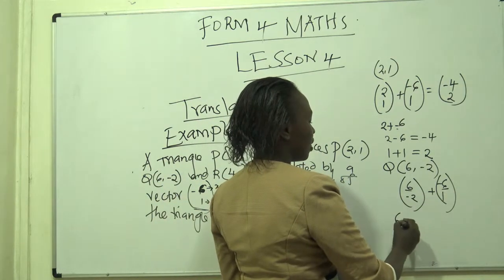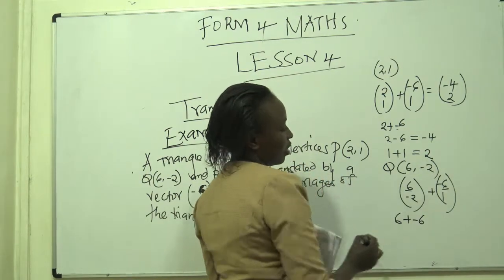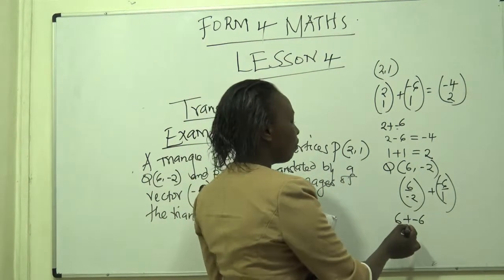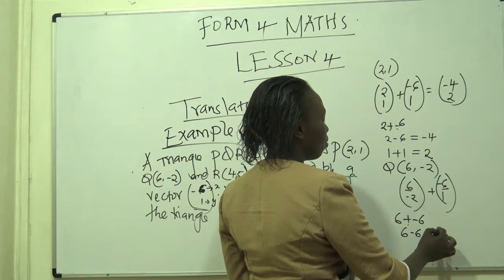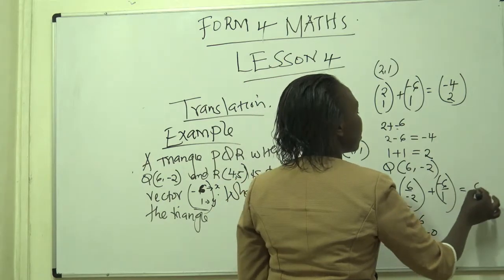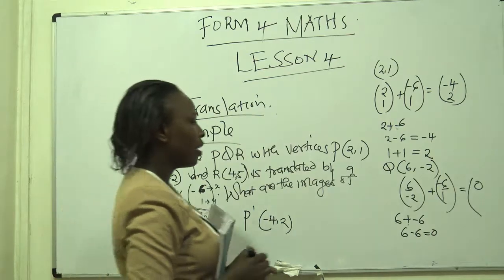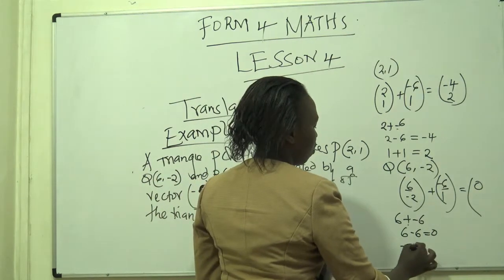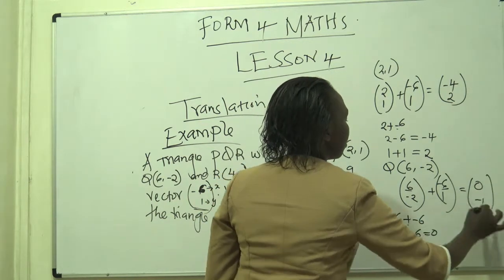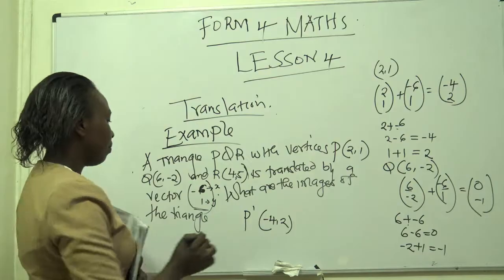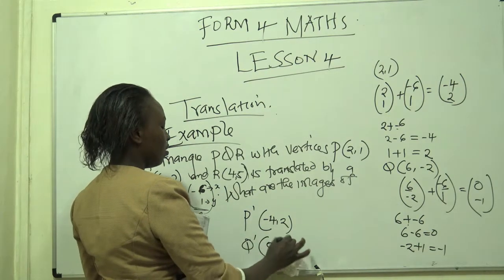We have 6 plus negative 6, which is 6 minus 6, which equals 0. Then we look at our values for y. Negative 2 plus 1 gives us negative 1. So that means our point Q prime is 0, negative 1.